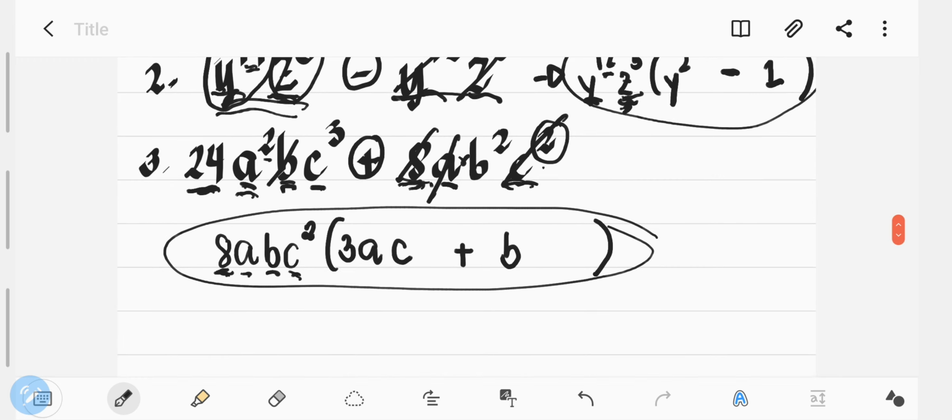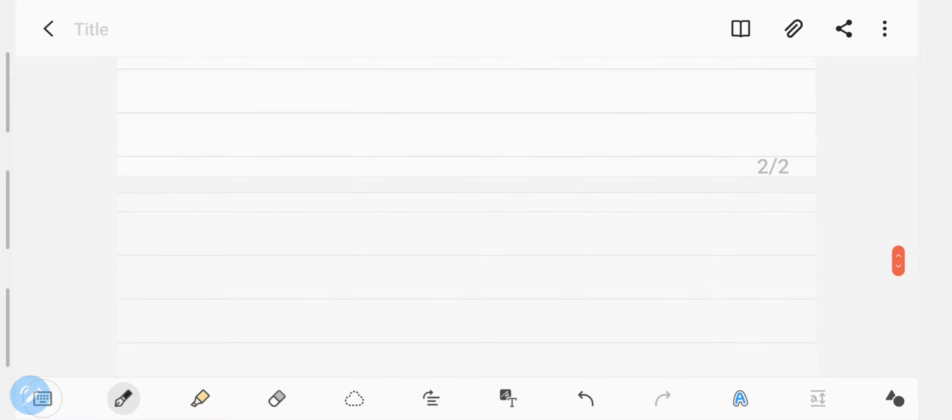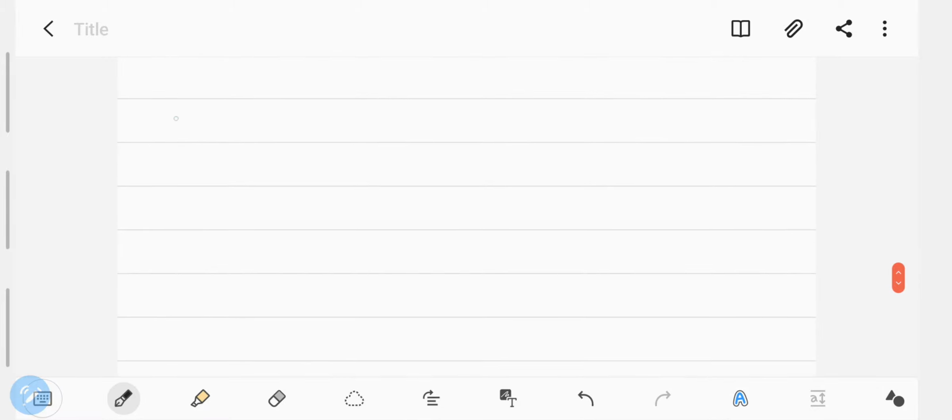I'll give you one more example. Last example. Let's say I have negative 38y squared z plus 14y.